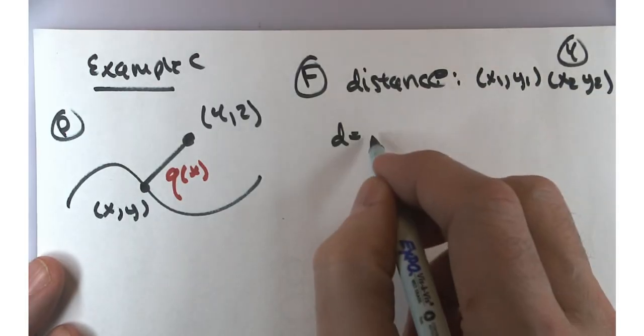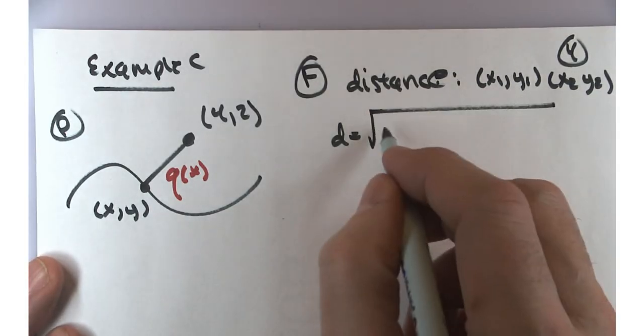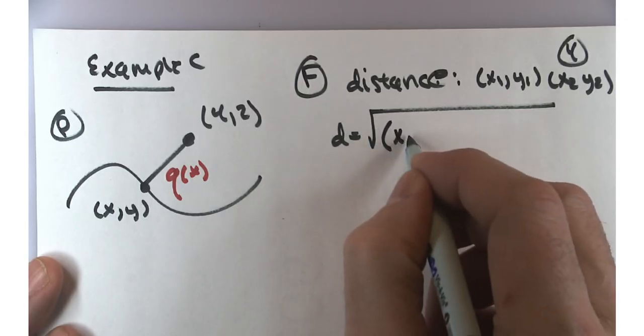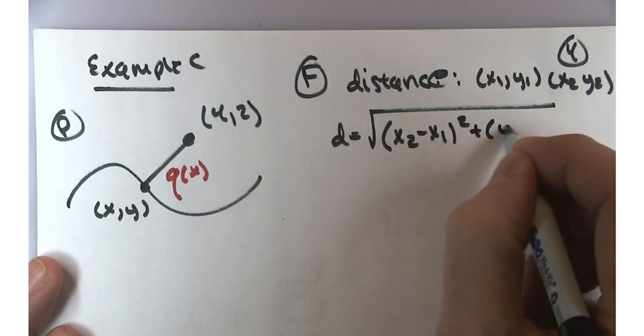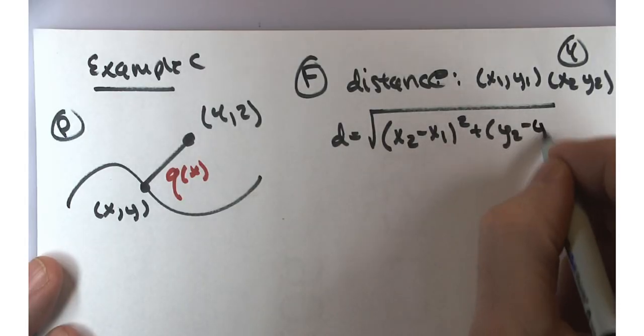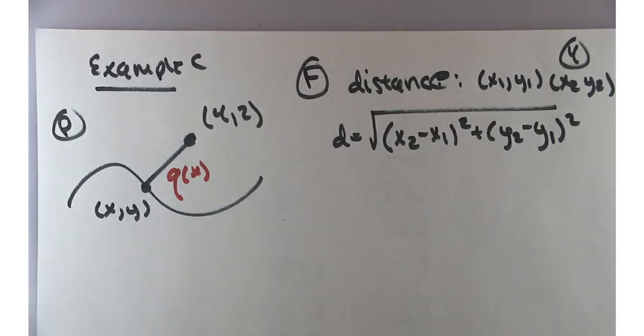Does anyone remember that formula? x2 minus x1, yeah, that. Well said. Thank you. So you've got the square root of x2 minus x1 squared plus y2 minus y1 squared.